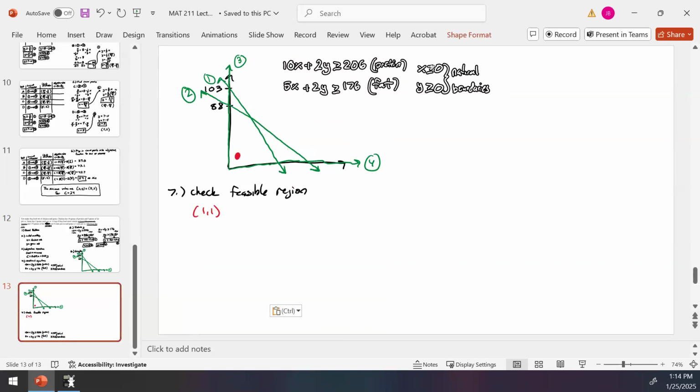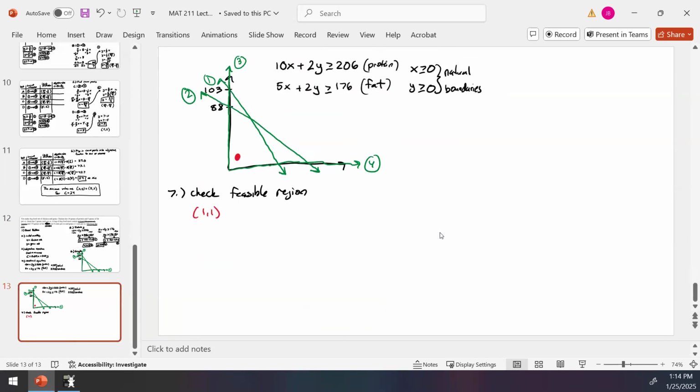So these are my constraints. And so I'm going to check, okay? 10 times 1 plus 2 times 1 has to be bigger than 206. So I get 10 plus 2 greater than or equal to 206. 12 greater than or equal to 206. Nope. So this is not a good region.